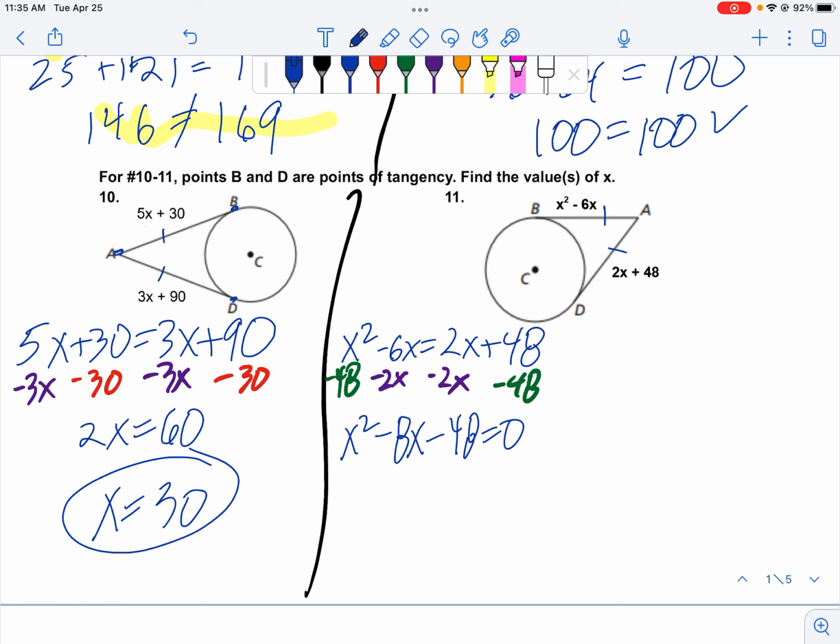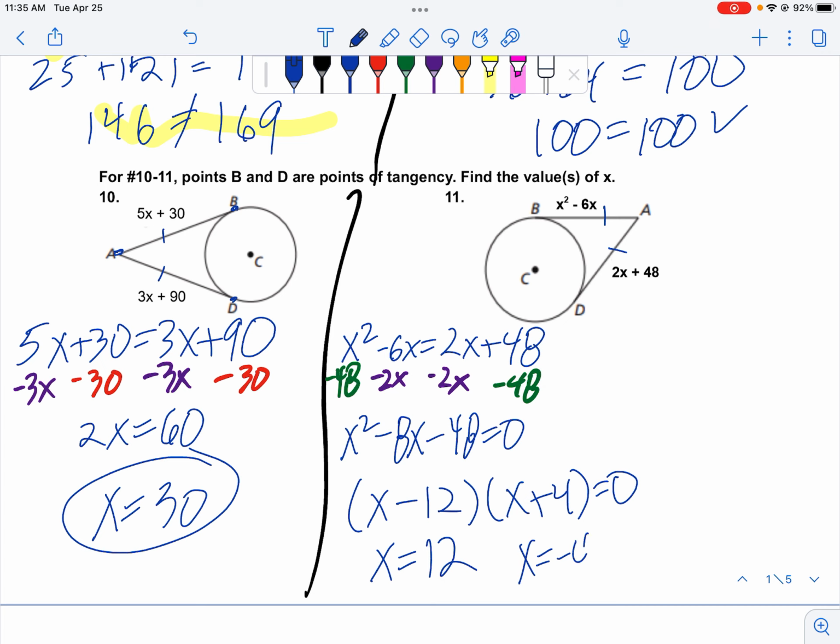I think of the factors of negative 48 that add to give me negative 8. I get 12 and negative 4, which would give me x equals 12 and x equals negative 4.